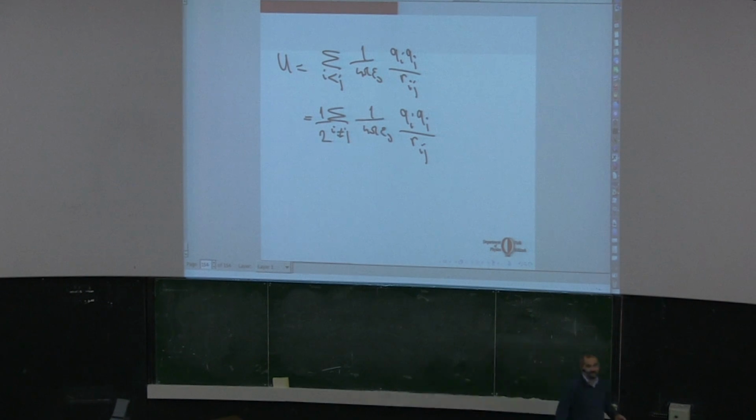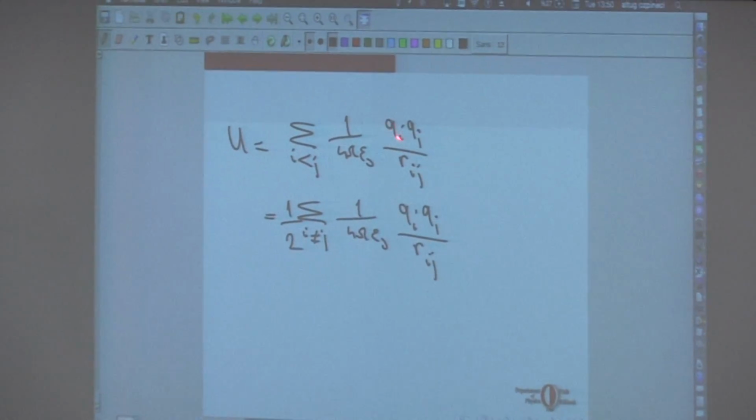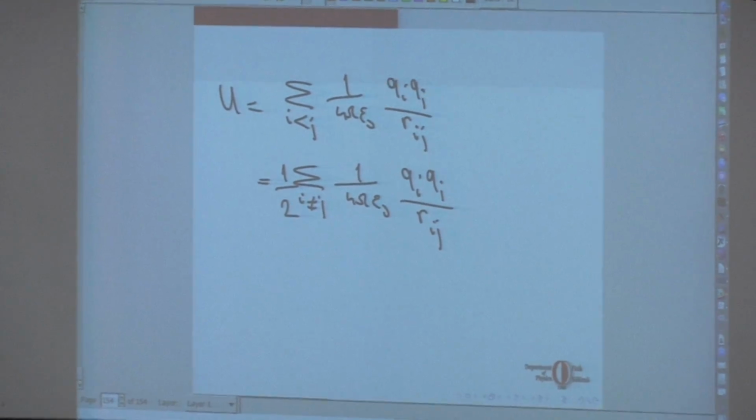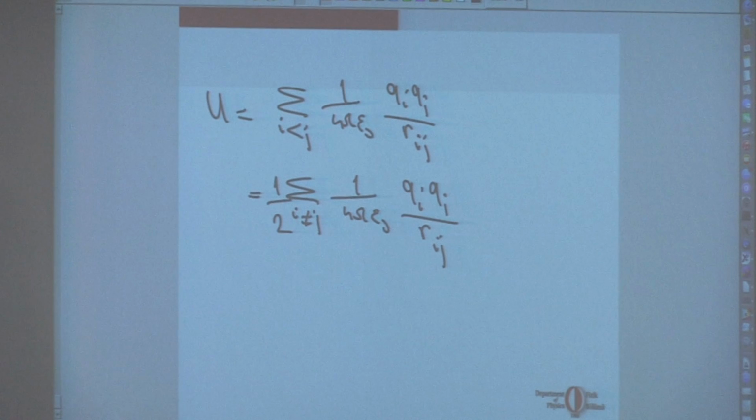Why 1/2? If you look at the first expression, you have a contribution from Q1, i is 1, j is 3, so you have a Q1, Q3 term. In this expression, you have a term i is 1, j is 3, and you also have the term i is 3, j is 1. So you have the Q1, Q3 and also Q3, Q1 terms. You have two terms, but they are basically the same, so you have to divide by 2.